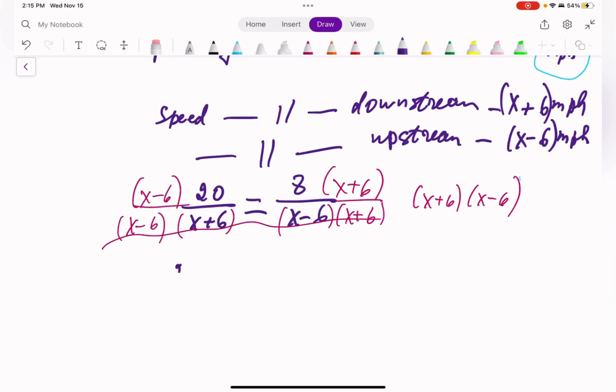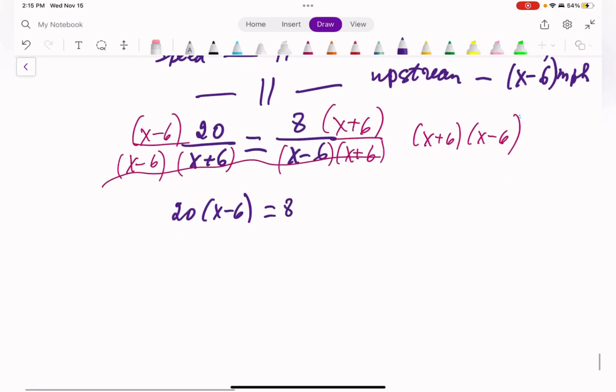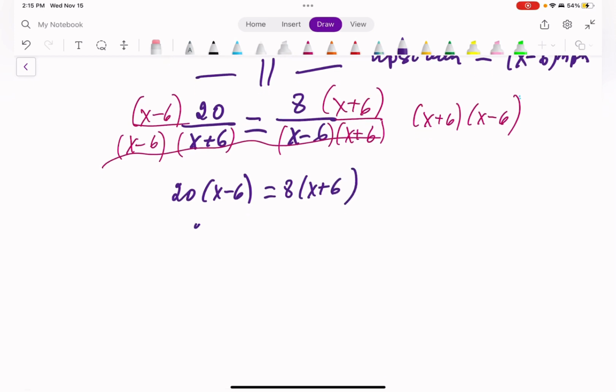We are getting 20 times x minus 6 equal 8 times x plus 6. Distributing, of course, we get 20x minus 120 equal 8x plus 48.